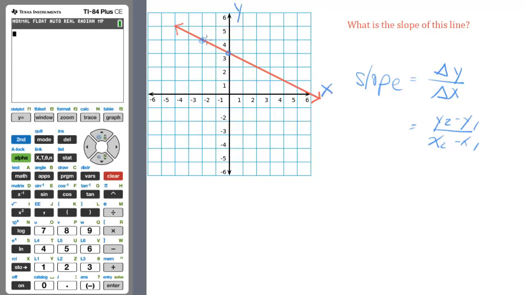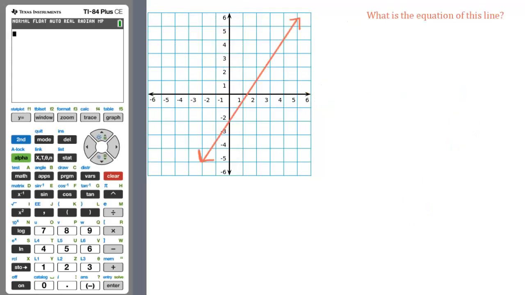So on our y-axis, going up and down, we go down 1 and over 2. So what's the slope of this line? Because we go down 1, I'm going to write -1. And because we go to the right 2, I'm going to write +2. So the slope of this line, which I guess is m, equals -1 over 2. Down 1 over 2.